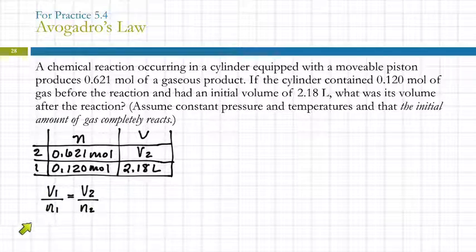You can go across the equal sign as long as you do it diagonally. Okay? So if I want V2 by itself, V2 is going to equal N2 times V1 over N1. I can take this from the bottom and put it up there. It's the same result as cross multiplying and then rearranging.